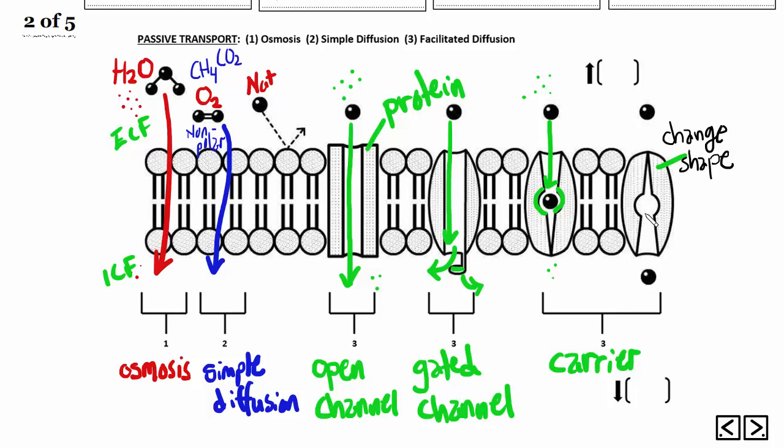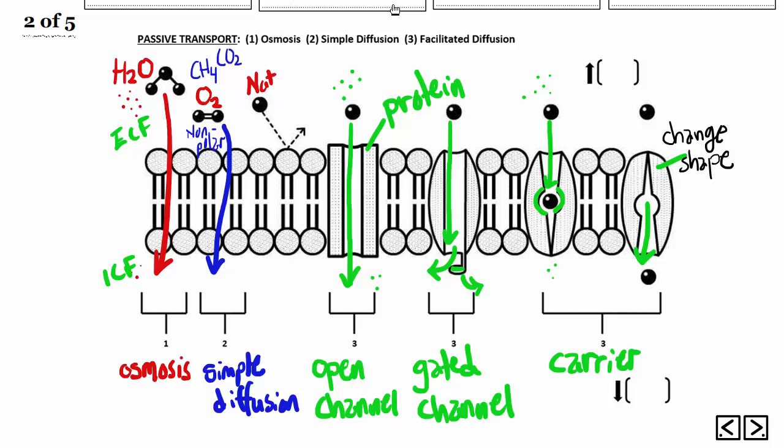And this change in conformation is going to be what moves the ion into the cell in this case, down the concentration gradient. But this does not take energy. There's no ATP involved. It's movement down the concentration gradient. So these are 3 models or mechanisms of facilitated diffusion.